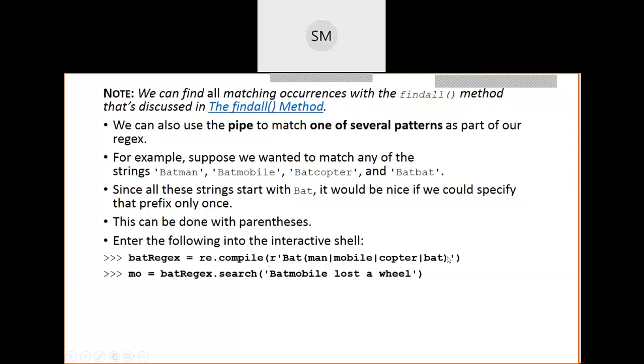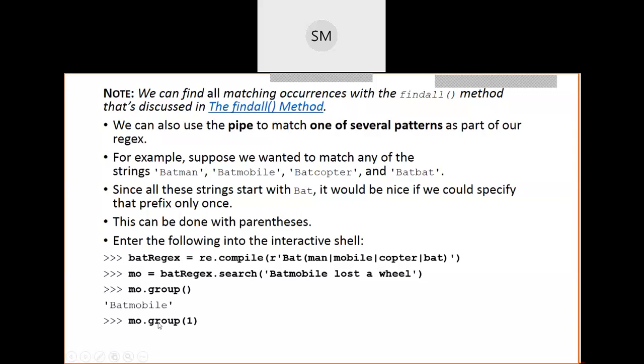Of course, the first alternative, Batman, will not match, but here it is Batmobile, so Batmobile will be matched here. Since a match is happening, that match object will be assigned to the mo variable. If you want to fetch the matched text, you use the group method, which will return the matched text as Batmobile.